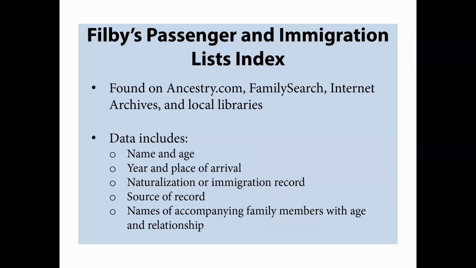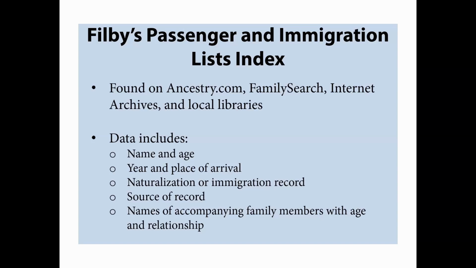So you can actually find Filby's index on Ancestry and FamilySearch. There are even books available through the Internet Archive, and your local libraries might even have the physical books as well. The details are going to give you information on their name and age, where and when they arrived in the United States or Canada ports, and what record was showing it. Was it a naturalization or immigration record?